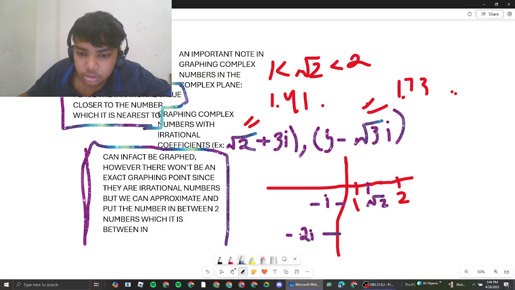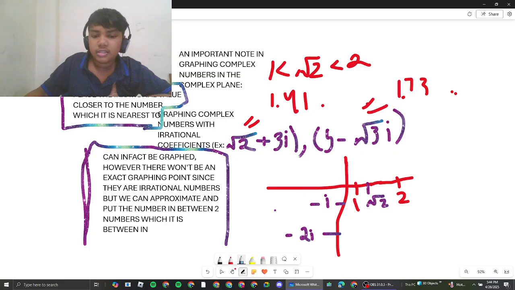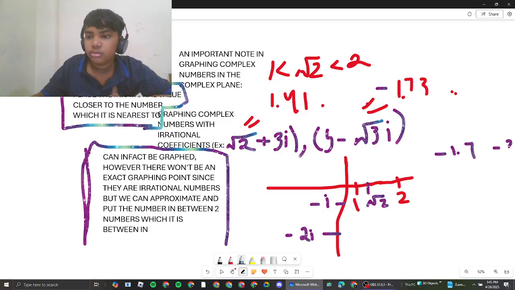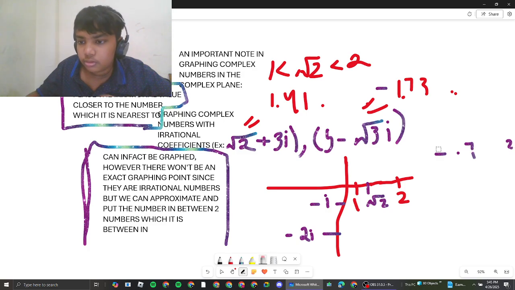So I would want to put it closer to this, but in this case this is negative, right? Yes, negative. Look, this is negative 1, this is negative 2. We have about negative 1.7, and that is closer to negative 2.